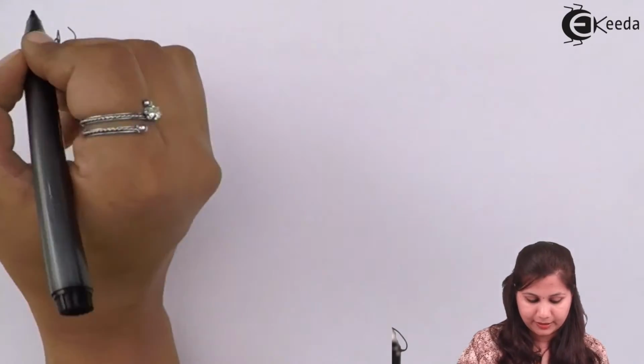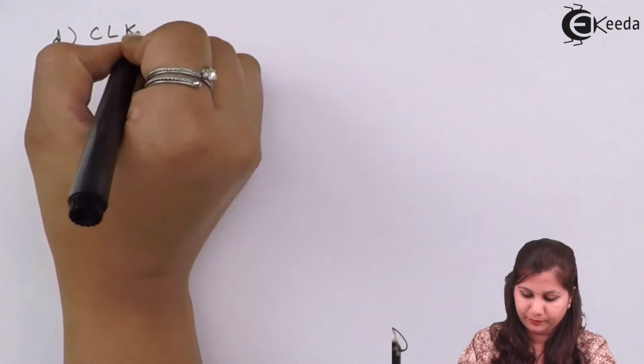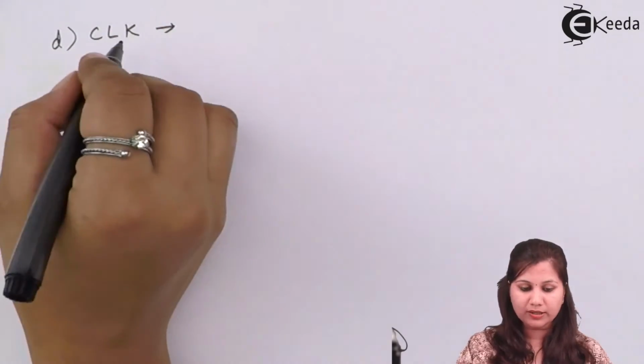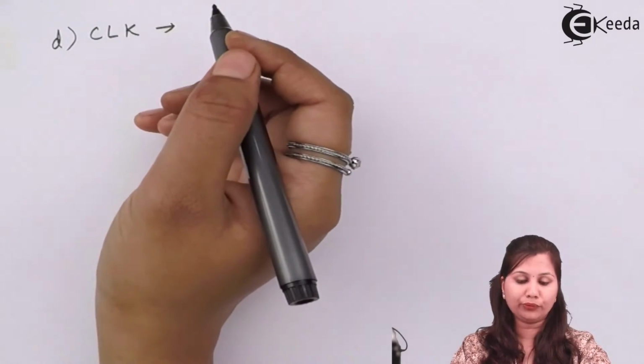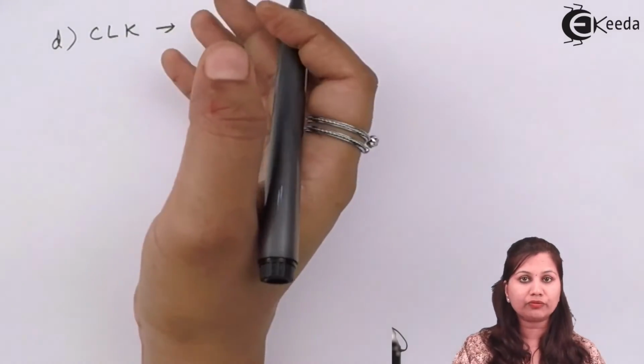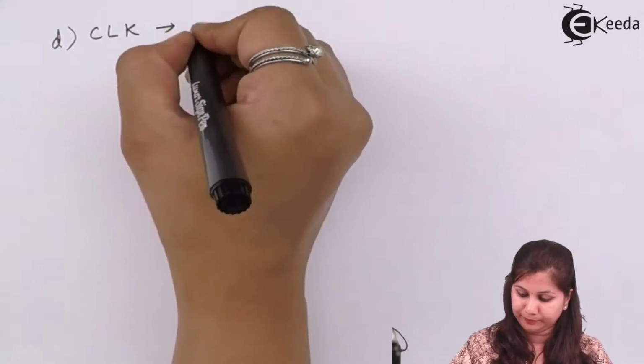Next signal is the clock signal. This clock signal is used to provide the clock input to the 8251 for communication with the microprocessor.